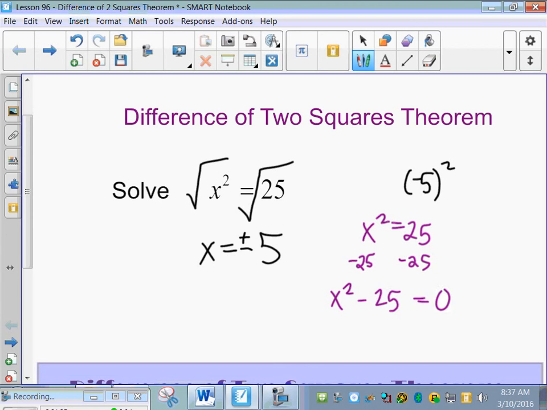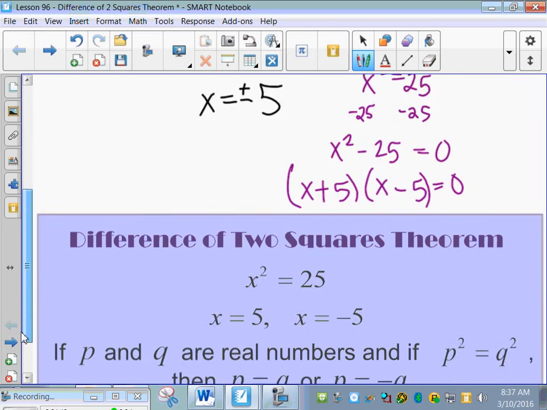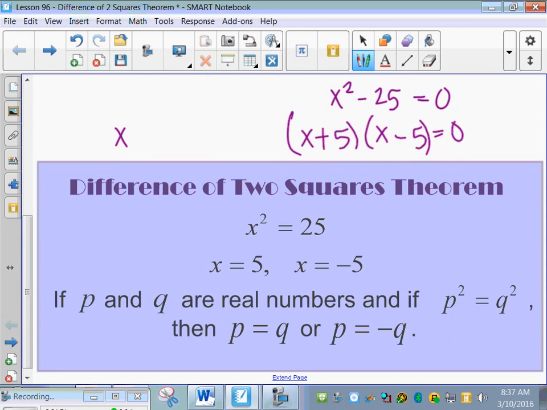So now it is a difference of squares, which you guys have seen a whole bunch of. And this factors x plus 5, x minus 5. Okay. And then you set your solutions equal to 0 and solve, which means you get negative 5 for the first one and positive 5 for the second one.